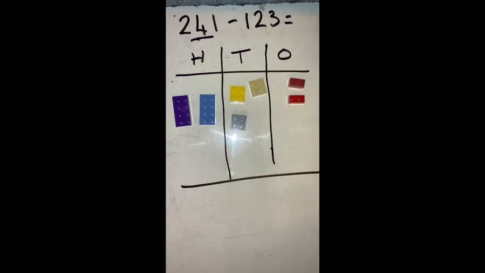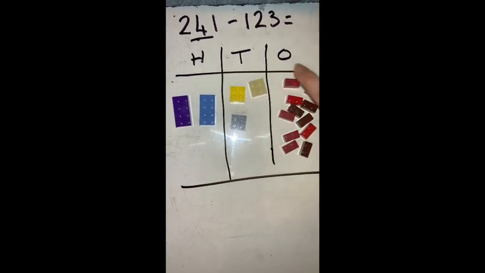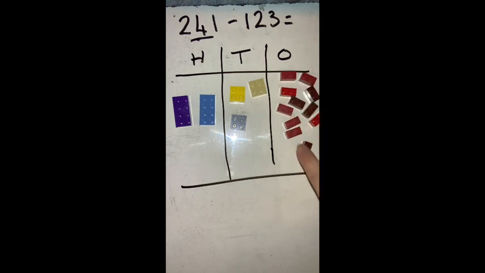1, 2, 3, 4, 5, 6, 7, 8, 9, 10. Okay, so I've exchanged my 10 for 10 little ones, so I should now have 11 in there. 1, 2, 3, 4, 5, 6, 7, 8, 9, 10, 11.